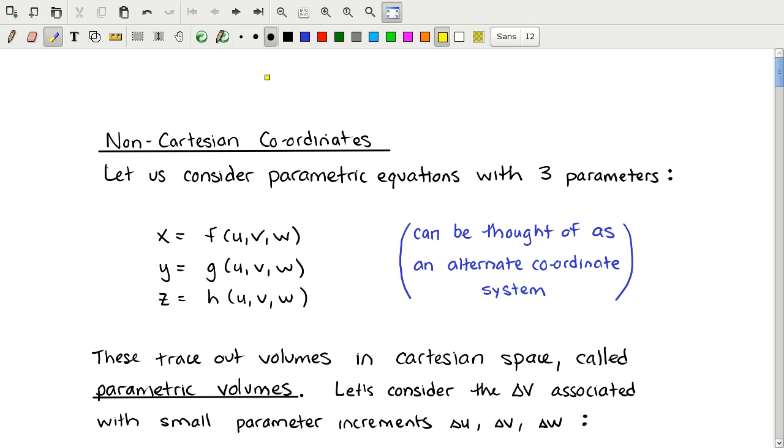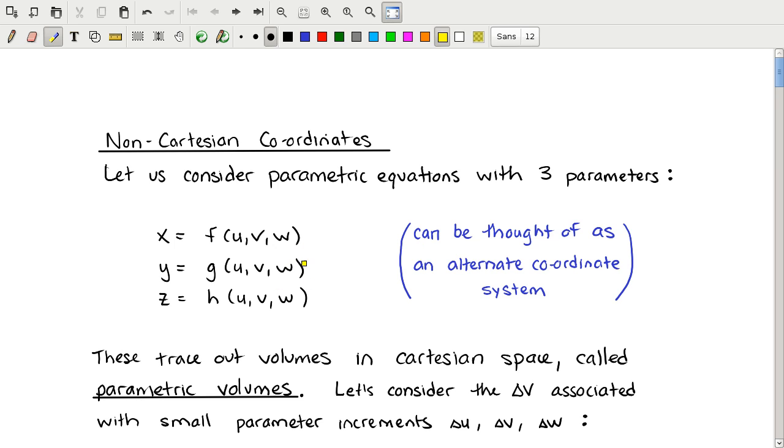As we now vary u, v, and w, these trace out volumes: 3 parameters, 3 degrees of freedom, 3 dimensions. So these equations will trace out volumes in the Cartesian space x, y, and z, and we call these volumes parametric volumes.